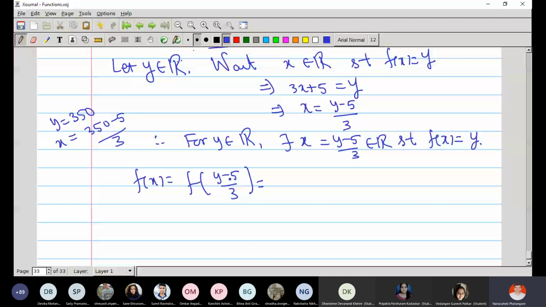So what is f of this number? 3 into this number, plus 5. What is it? The 3 cancels, y minus 5 plus 5, so it gives us y. Correct?